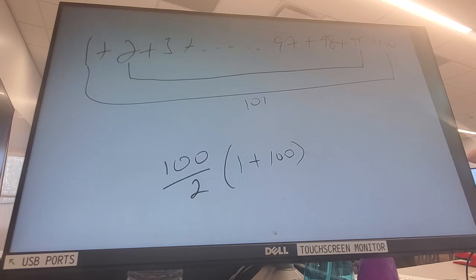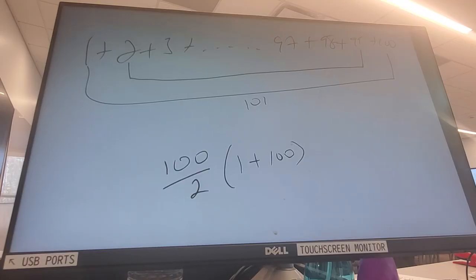Not only is that a really trippy connection to make, but what's the answer? 5050. That's weird. I know I'm a math guy, I know numbers, but come on, the sum of the first 100 natural numbers is 5050. Let that be nifty.